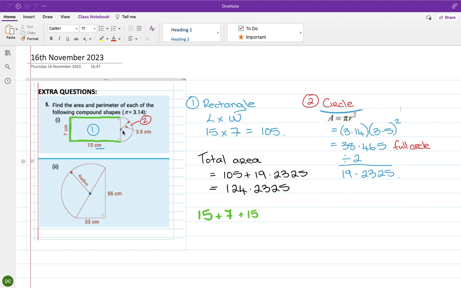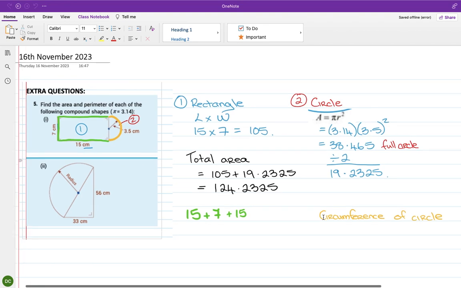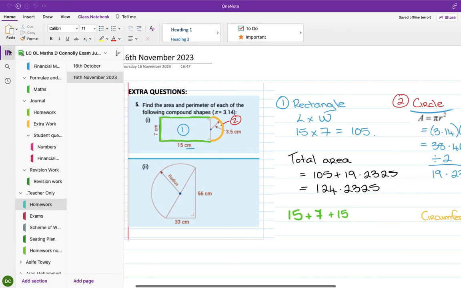Now, then I have this bit here. That bit is the circumference of the circle. Now again, it's not the full circumference. It is only half of it because it's a semicircle.